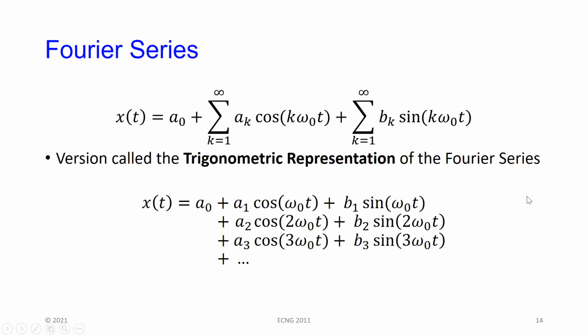Right? And this particular version is what we call the trigonometric representation of the Fourier series, because you actually are formally defining it in terms of cosine and sine. And this is what you all met. And there was a formula for calculating A0, and there's a formula for calculating the coefficients of the cosines, which is the A sub k, and the coefficients of the sines, which are the B sub k's.